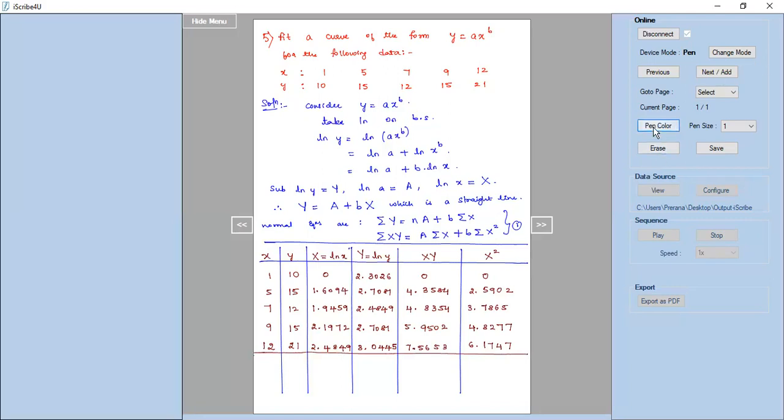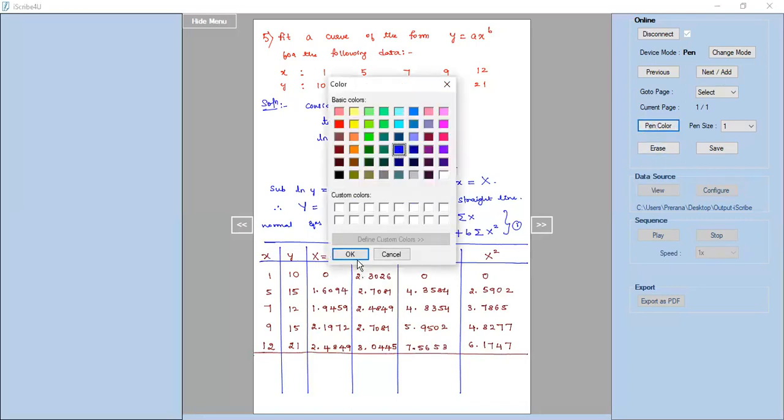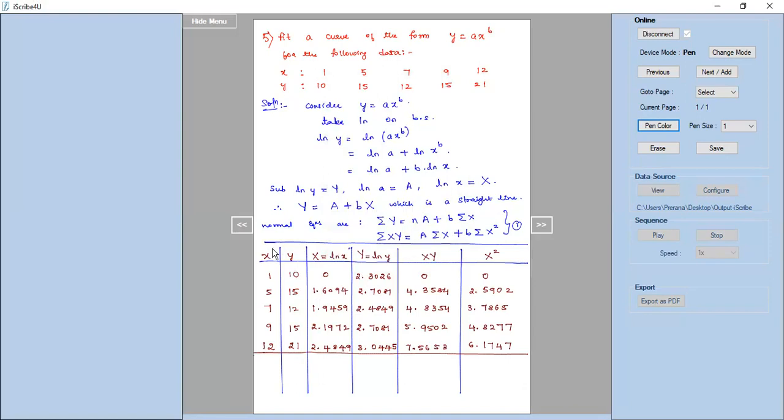We have to find out only the summations which are required. Small x, small y summations are not required. So we will go with summation capital X, which is required in our normal equation. Summation capital Y, summation capital XY and summation capital X square are required. So only these four columns we are going to sum up, right? I'll just write down the sum; you can verify using calculator.